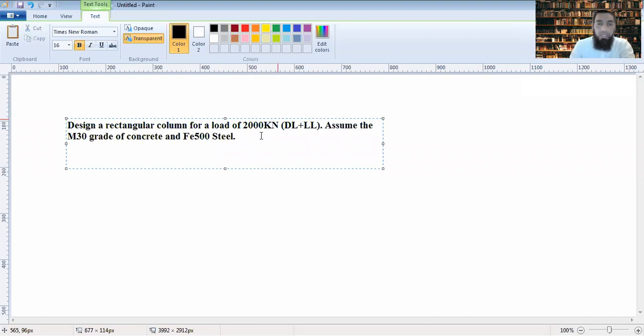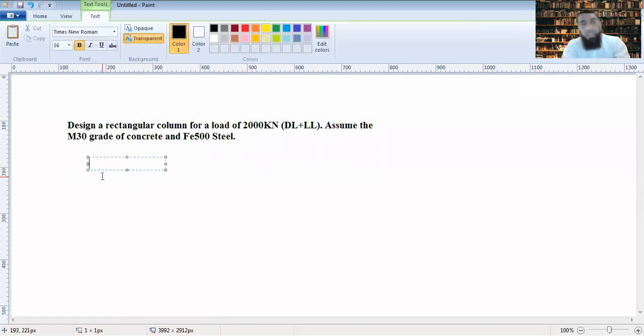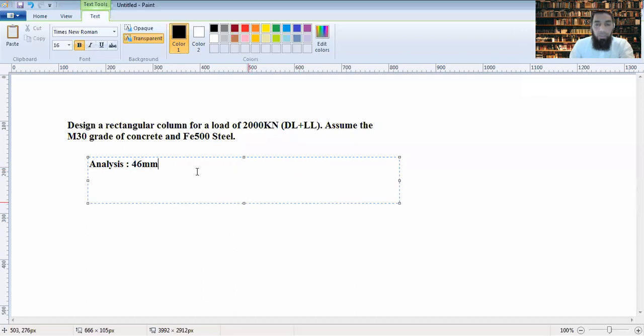Now, while we were analyzing it for the eccentricity, we came to know that the eccentricity was something above 46 mm, because the neutral axis was around 46 mm above the center of the column.